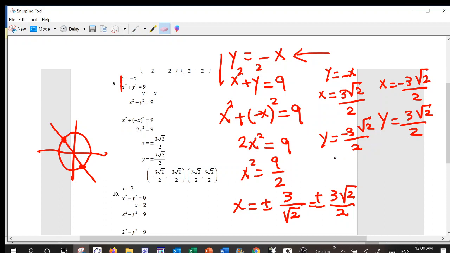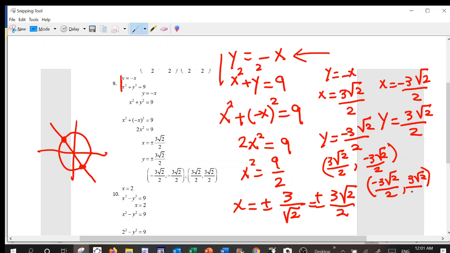And so we get two ordered pairs, right, as solution. One of them is when x is 3 square root of 2 over 2, y is negative 3 square root of 2 over 2. And one of them is if x is negative 3 square root of 2 over 2, then y is positive 3 square root of 2 over 2. And that's all. These two solutions are actually these two.